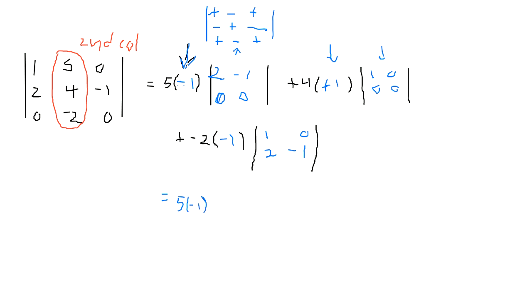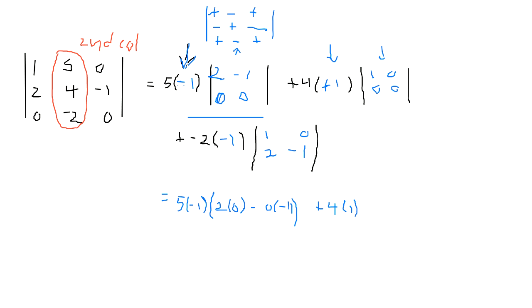And then, of course, that's just going to be 2 times the determinant of that little 2 by 2 in the first cofactor. This one here is 2 times 0 minus 0 times -1. And then we're going to get plus 4 times 1.